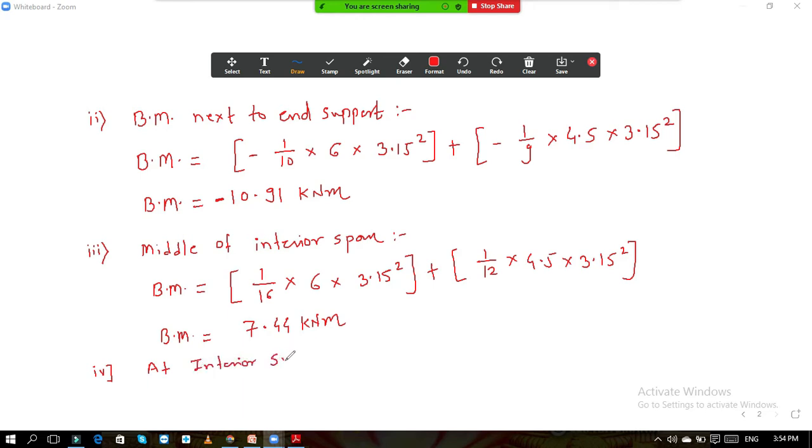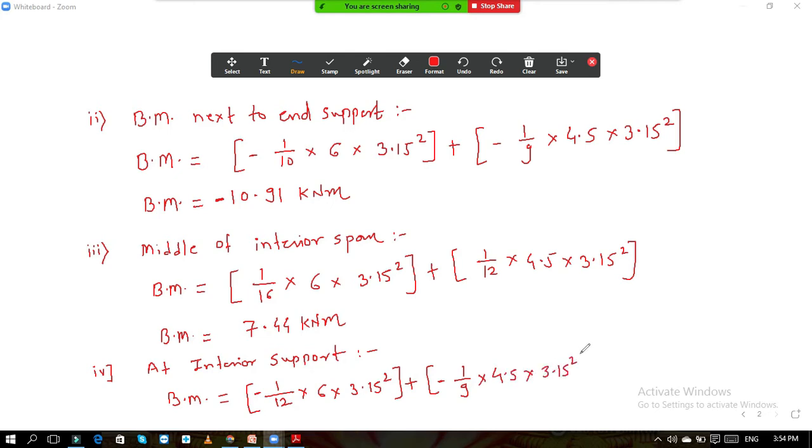And last, where we are going to calculate at interior support. So the bending moment is equal to, the coefficients are minus 1 by 12 for dead load and minus 1 by 9 for live load. Let me know the value.